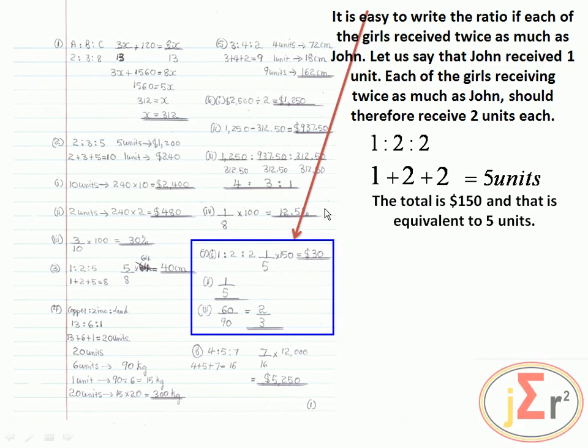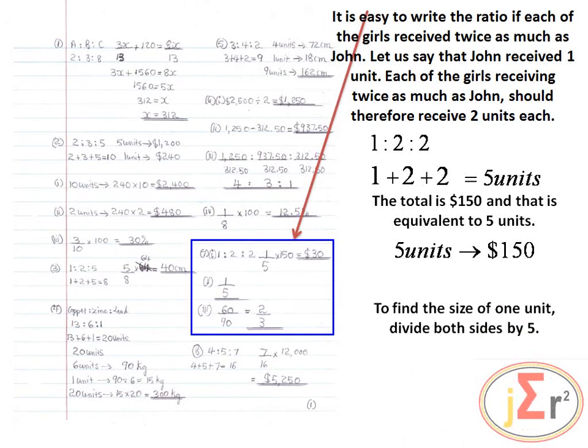I'm thinking that everyone will not have any difficulty with this one, because John received only 1 unit. And one of our greatest intermediate goals in solving a ratio problem is to find the size of 1 unit. So let's go straight ahead and do that. So 5 units are equivalent to $150. And as sure as night follows day, we are dividing by 5 in order to find the size of 1 unit.